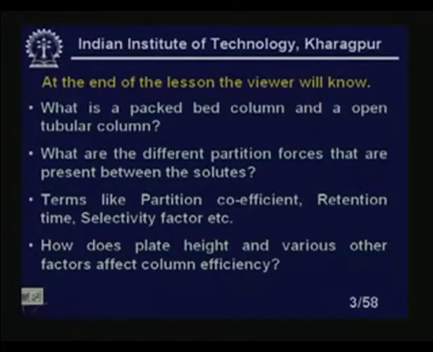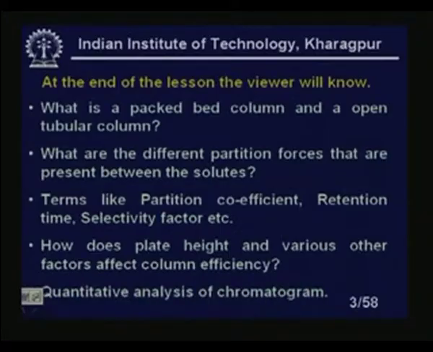We will see what plate height is and how various other factors affect column efficiency, because efficiency of the column is very important, not only to know the contents of the individual components of the gas, because it depends on the material of the column. The efficiency of the column will also distinguish between the two components very nicely, otherwise it is very difficult to find the percentage contents of the individual components in the mixture.